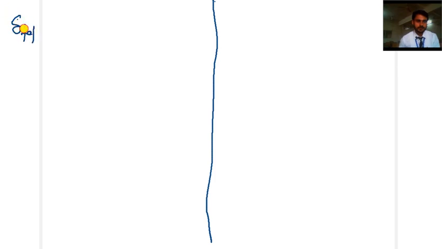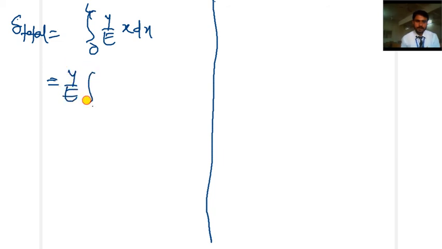Del total will be equal to integral 0 to L of gamma by E x dx, that is the deformation of a strip. Gamma by E is constant, we can put it outside. Gamma by E integration 0 to L x dx.